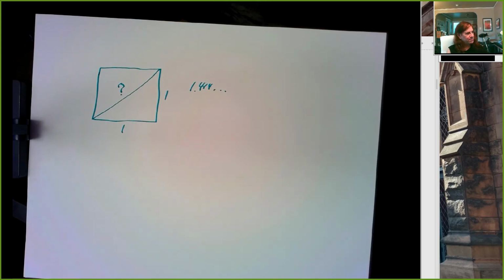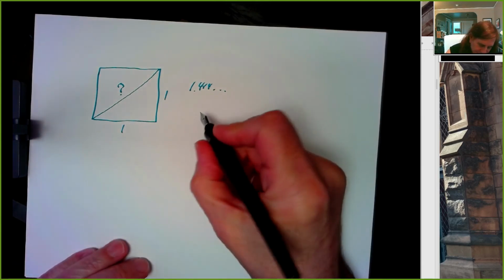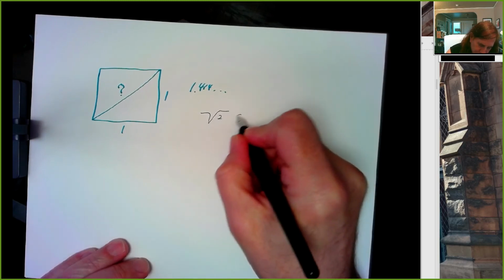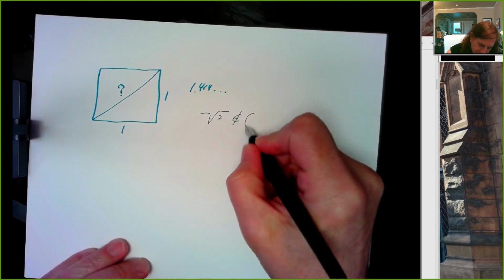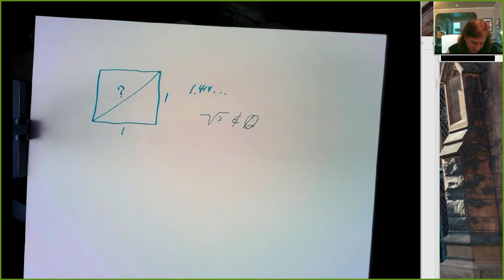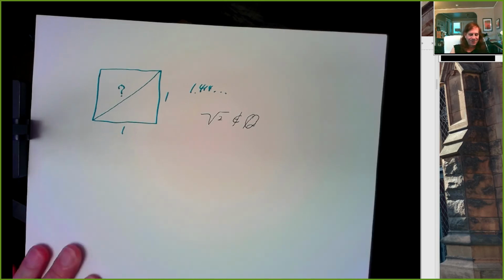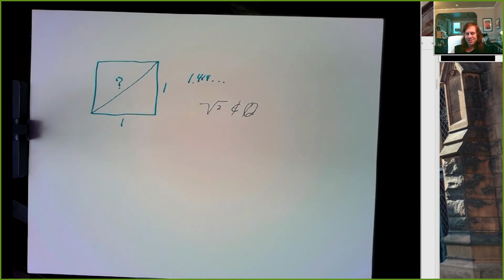In other words, they proved that the square root of 2 is not a rational number. And that was a bummer, because whole numbers weren't enough to describe even something as simple as a drawing in the sand. We can't describe the length with integers or ratios of integers.